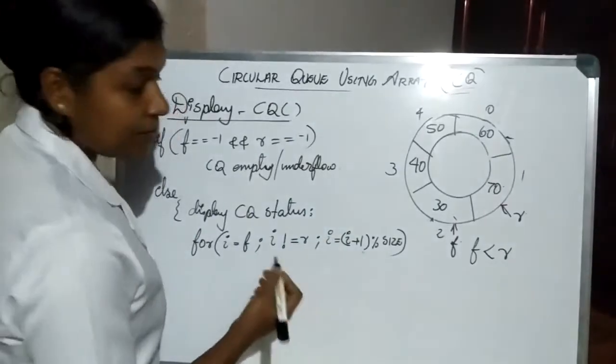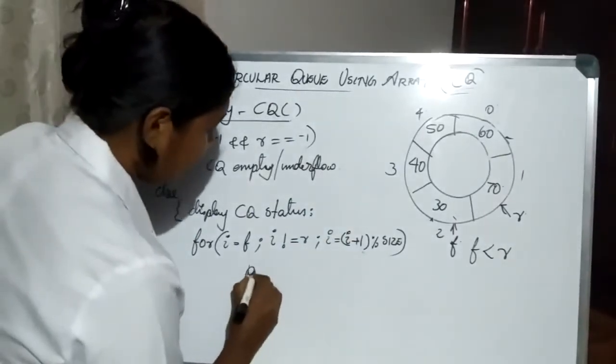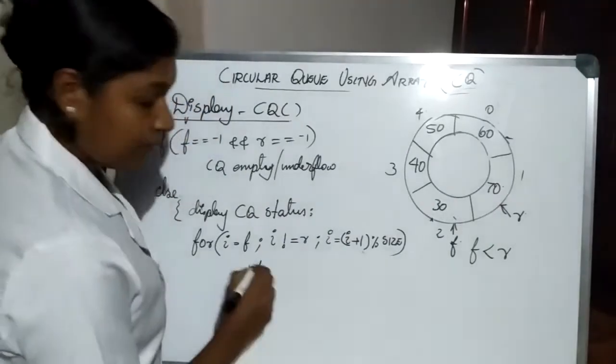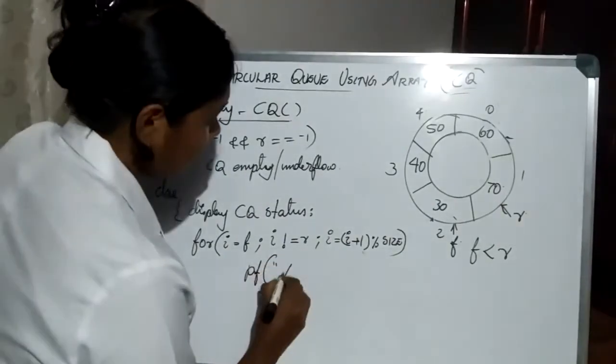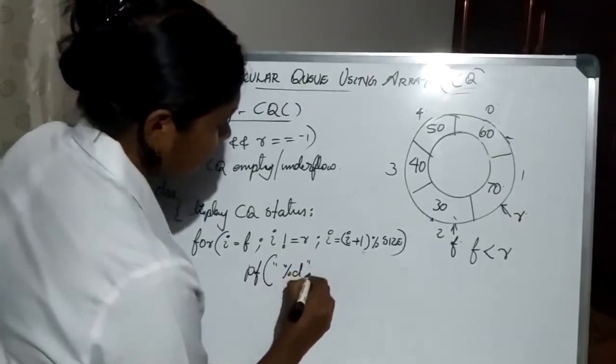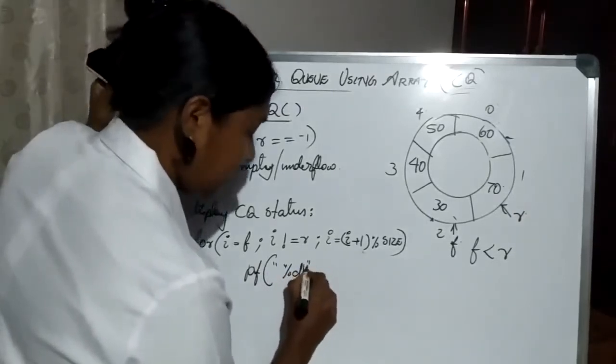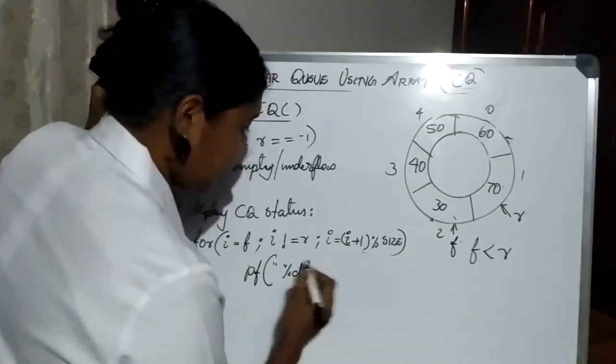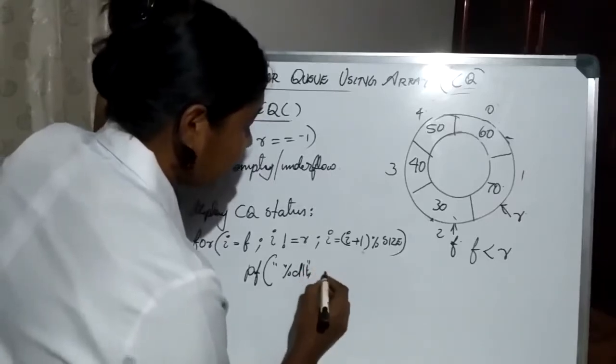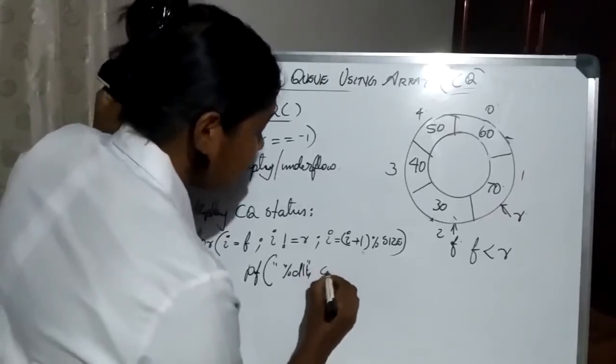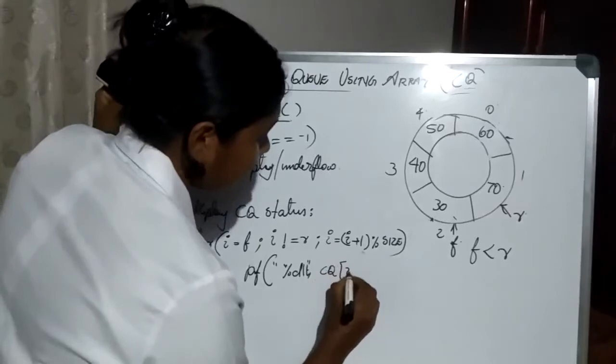Then within this, what we can display, we can provide printf, you write the full form, printf %d slash t, or whatever spacing formatting you can give. Then CQ of I you display.